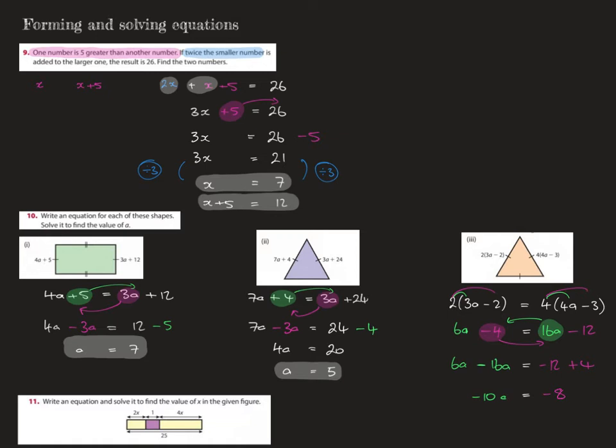Now, in order to find a value for a, we need to divide both sides by negative 10. So if we divide both sides by negative 10, we'll get a equals negative 8 over negative 10, and that simplifies down to a equals 4 over 5.